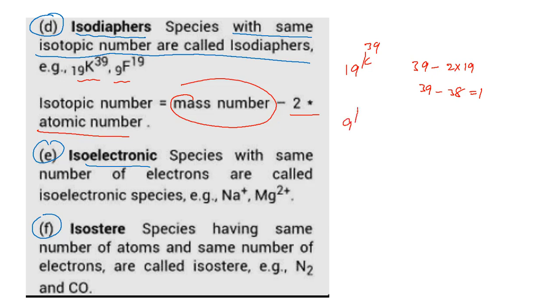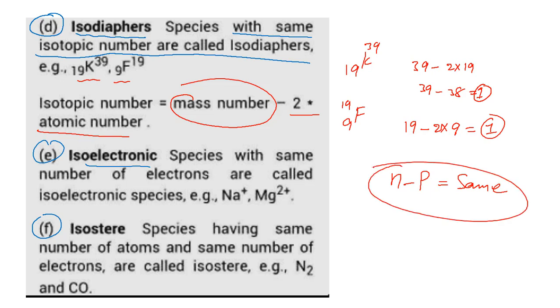In case of 9F19, mass number 19 minus 2 into atomic number, that equals 19 minus 18, that equals 1. Here also 1, here also 1. So this difference, mass minus 2 into atomic number, I can also write as n minus p value.